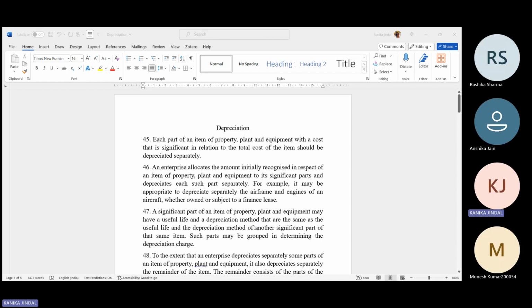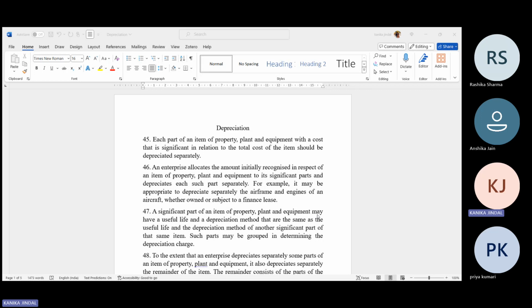Now, next is a significant part of an item of property, plant and equipment may have a useful life and a depreciation method that are the same as the useful life and the depreciation method of another significant part of the same item. So the significant part of an item may have a useful life and depreciation method that are the same as those of another significant part of the same item.